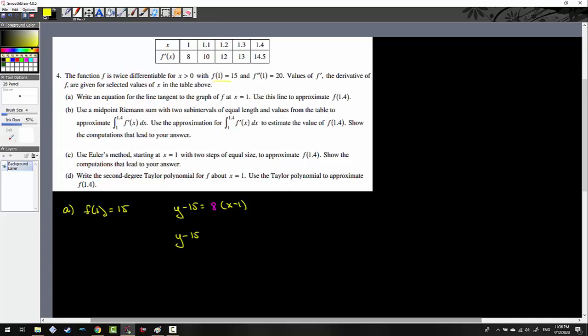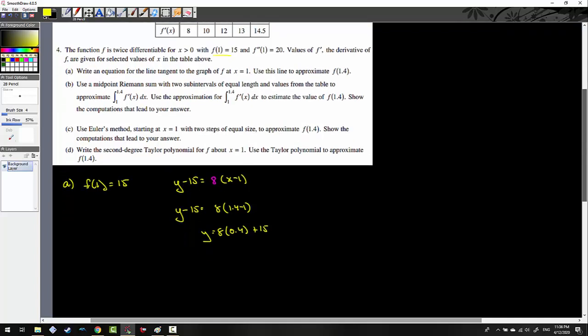y minus 15 is equal to 8 times 1.4 minus 1. That's going to be 8 times 0.4 plus 15 is equal to y. And at this point, you can actually stop from here if you didn't want to go any further. You could have just added the 15 over. But because this is a video, I'll go ahead and simplify it.